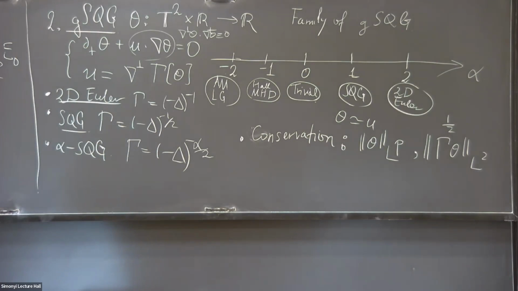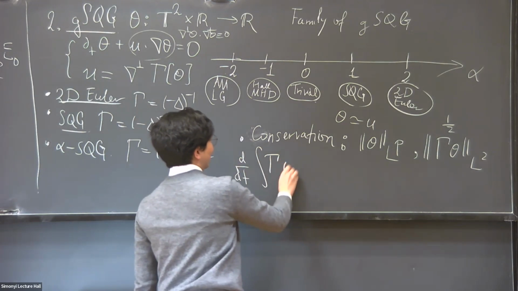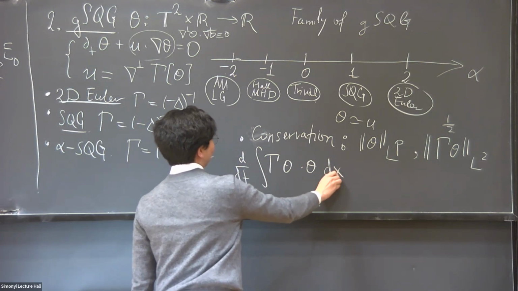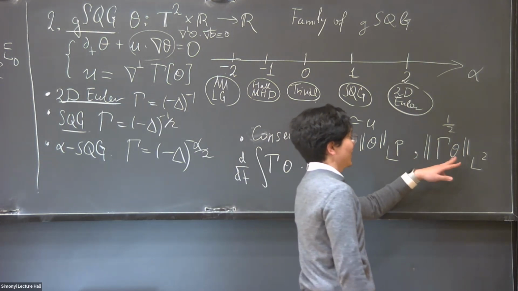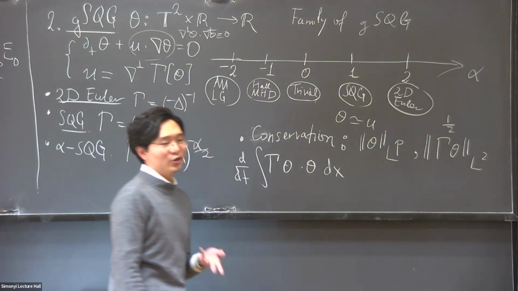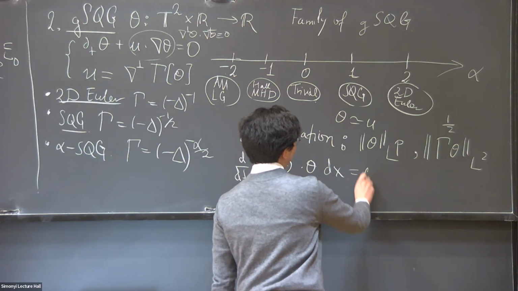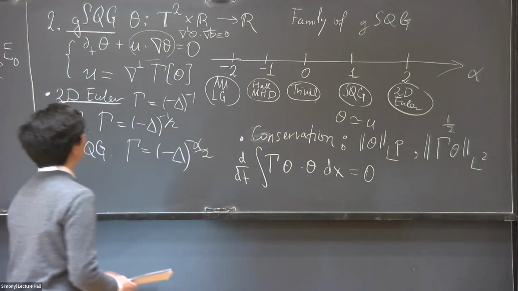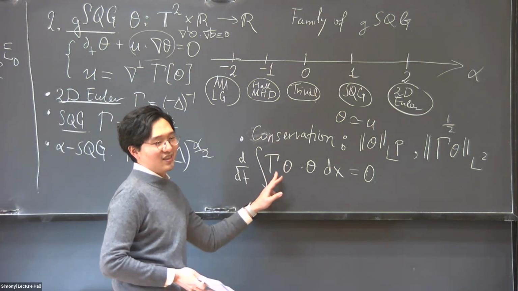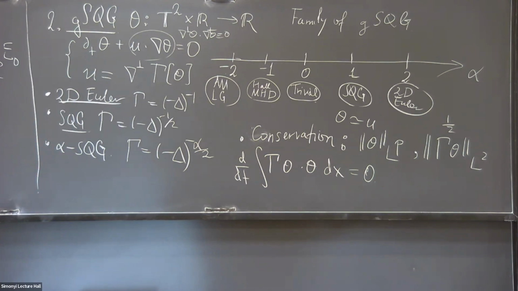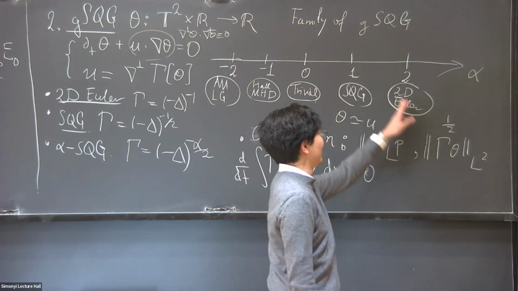This you can see by computing d/dt of the integral of gamma theta times theta dx, which is of course the same as the norm of gamma^(1/2) theta raised to power 2. If you just look at this equation, there's grad perp of gamma theta, which cancels against gamma theta. And this is nothing but the kinetic energy when it is Euler.